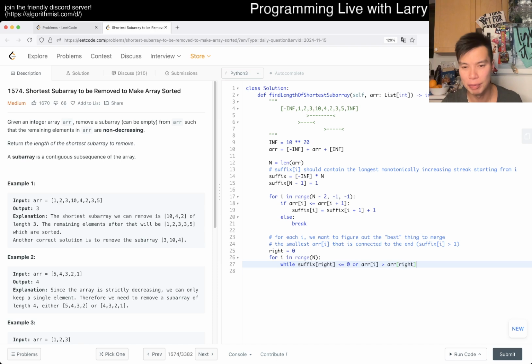we move to the right, and this will always terminate because suffix sub right of the last element is going to be 1, and suffix sub right is going to be infinity, so that would never be true. So that's for the last element, right? So yeah. And then now we have to make sure that this is a streak, right?